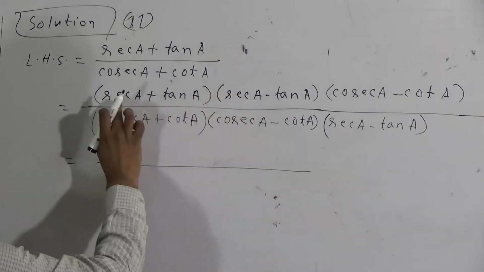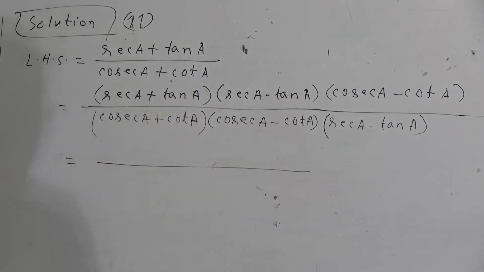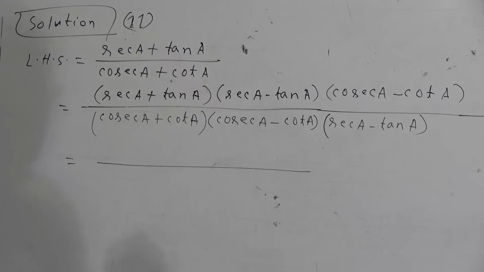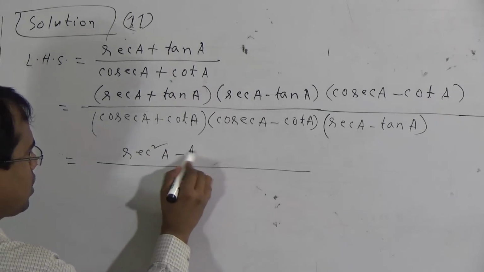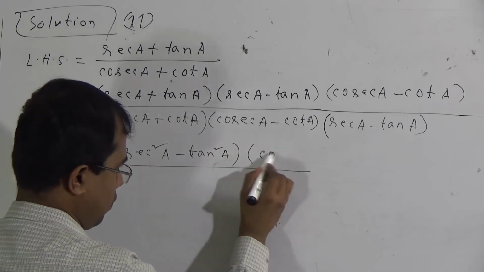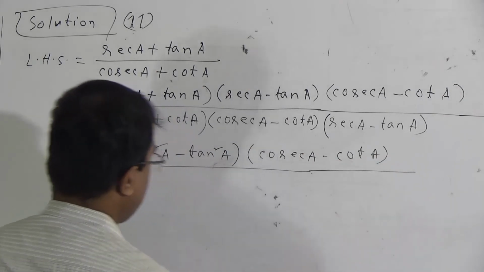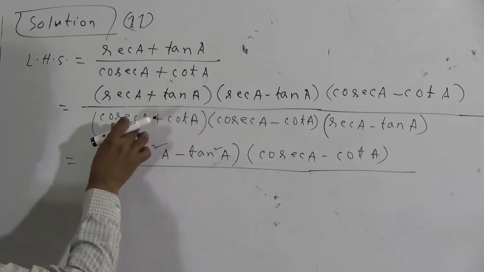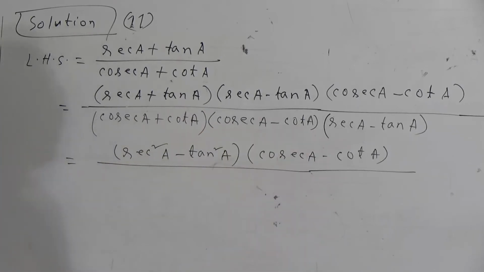Now here we can apply formula A plus B into A minus B. If we consider sec A as A and tan A as B, then we can apply formula A plus B into A minus B. Therefore, we know that A plus B into A minus B equal to A square minus B square. So, here we can write sec square A minus tan square A and cosec A minus cot A. In denominators, here if we consider cosec A as A and cot A as B, then we can apply formula A plus B into A minus B. That means A square minus B square.